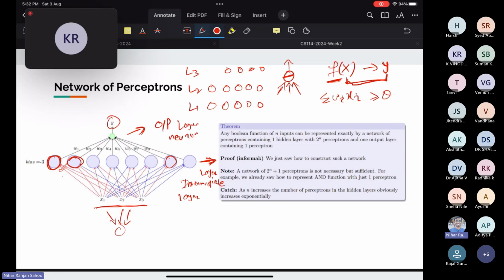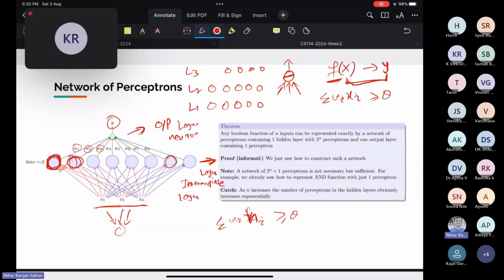For the output layer, you can consider these are the inputs going in, like a summation, and these are the weights W1, W2, W3 corresponding to that. We can represent the output of these perceptrons as summation of hi wi greater than or equal to theta.